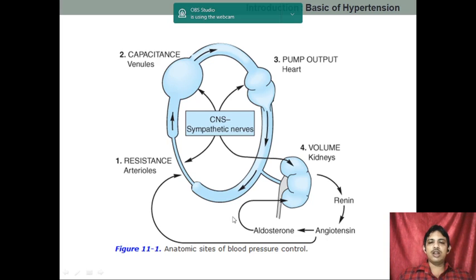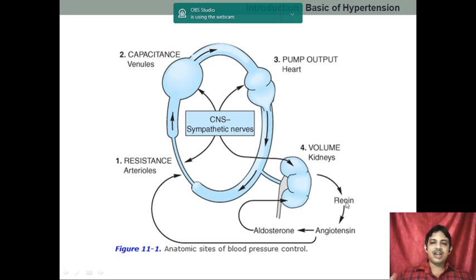So in all these cases, they regulate blood pressure by altering the resistance in the arterioles as well as the blood volume. So we can say that this is long term regulation. The renin system is responsible for long term regulation.